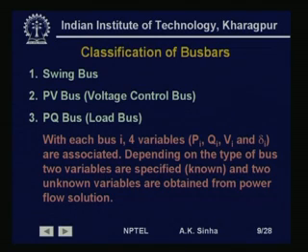For PV buses we have P and V specified. So, the unknowns which need to be computed are voltage angle delta and the reactive power Q injection. At the PQ buses, both P and Q are known, and the unknowns which need to be computed are voltage magnitude and angle, that is V and delta.